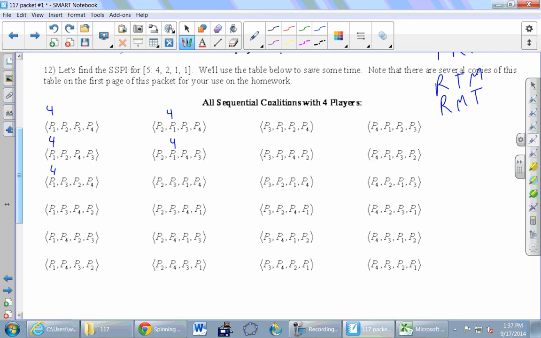How many votes did the second player have? 2. And so I'm going to find all those P2s and put a 2. And then P3 and P4 each have how many? 1. And so I'm going to end up with numbers on all of these guys. So take a minute, carefully, slowly, and put numbers on everything.